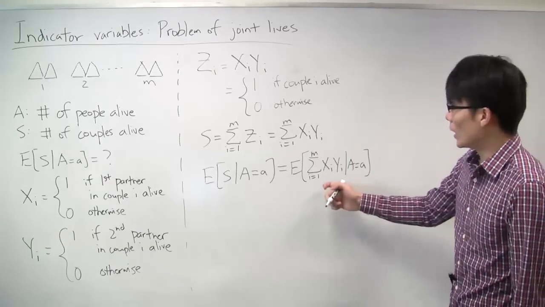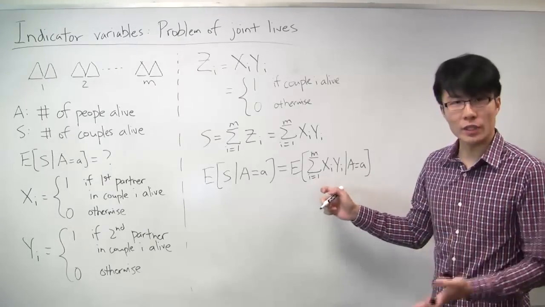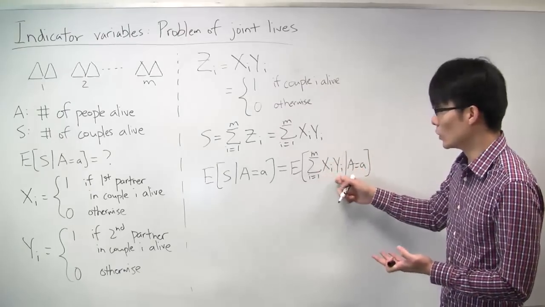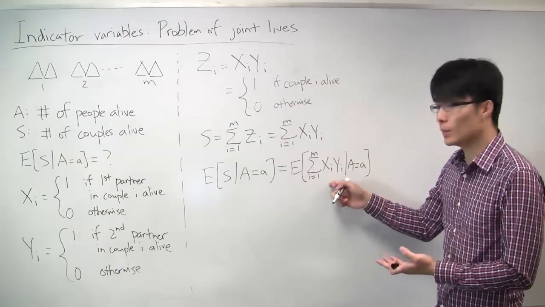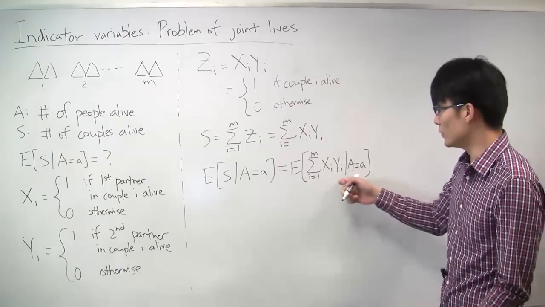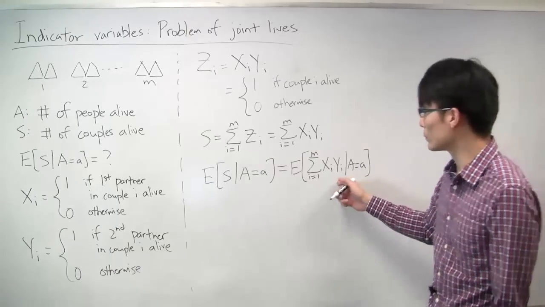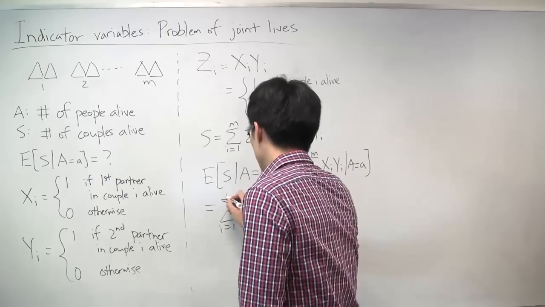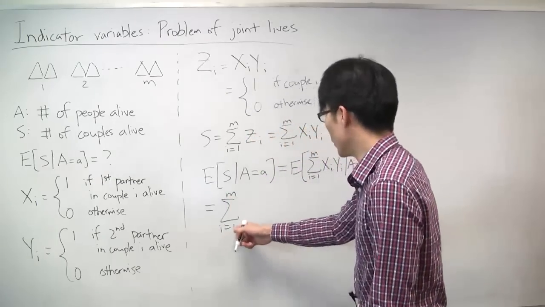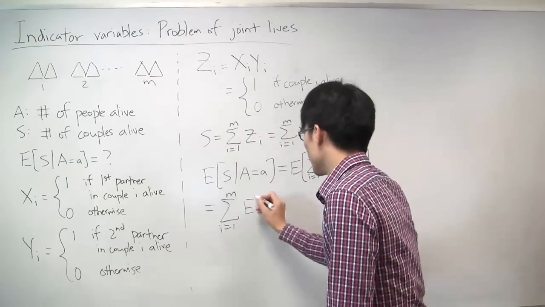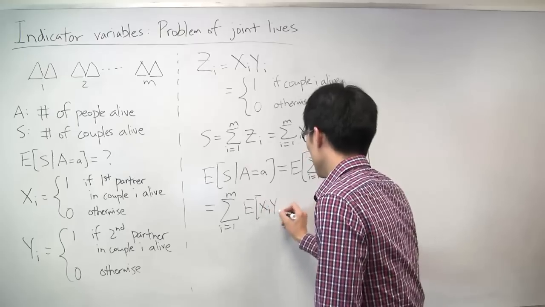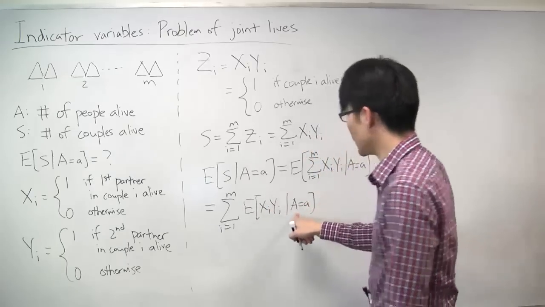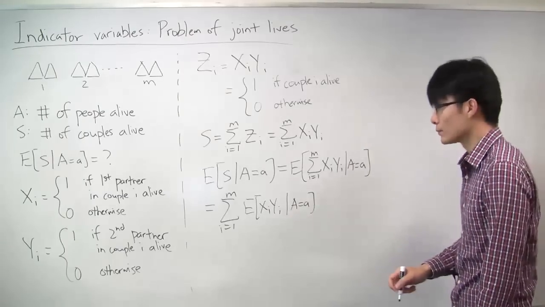And now we can use linearity of expectation, because this is just a sum of m terms. Expectation of a sum is just the sum of expectations, and even in the conditional world, that is still true. And so this turns out to be just a sum from i equals 1 to m of the conditional expectation of each of these Xi times Yi's. And remember, we still need to keep the conditioning on A equals a.